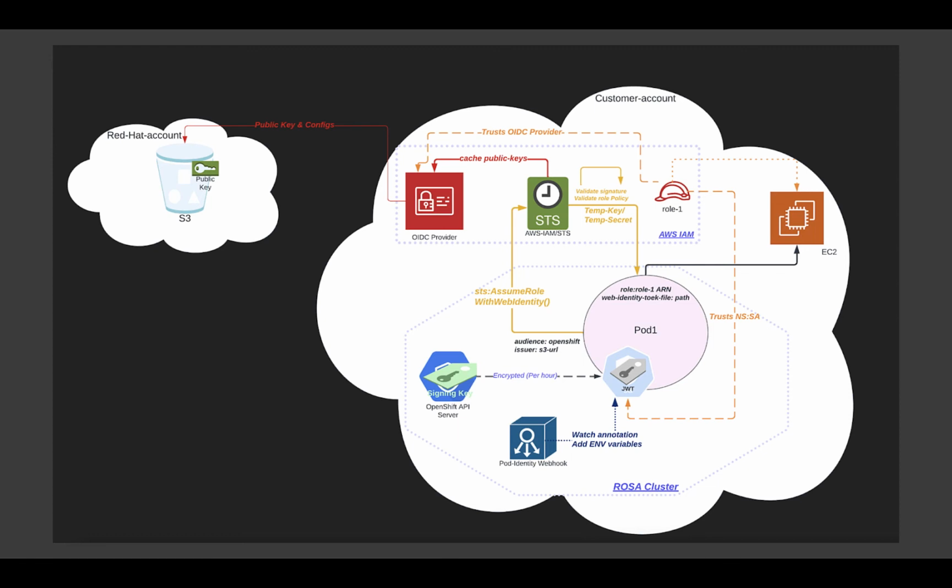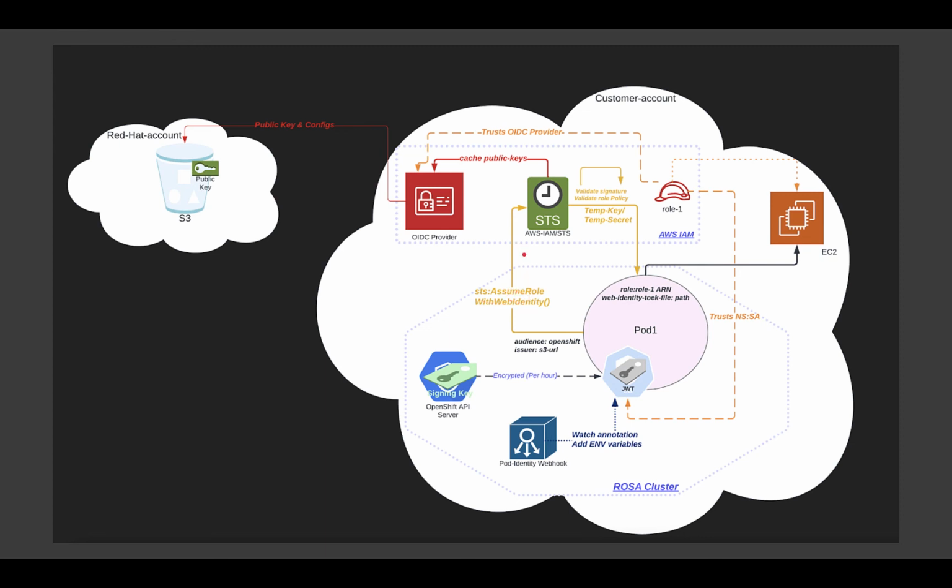The AWS SDK client code that runs within these operators understands and looks for these two secret values. And whenever it needs to assume the AWS IAM role to access EC2 or any service that the operator is responsible for accessing, the SDK then invokes something called the AssumeRoleWithWebIdentity API call.